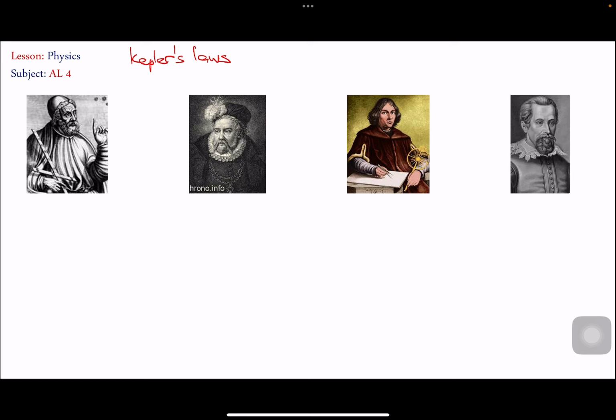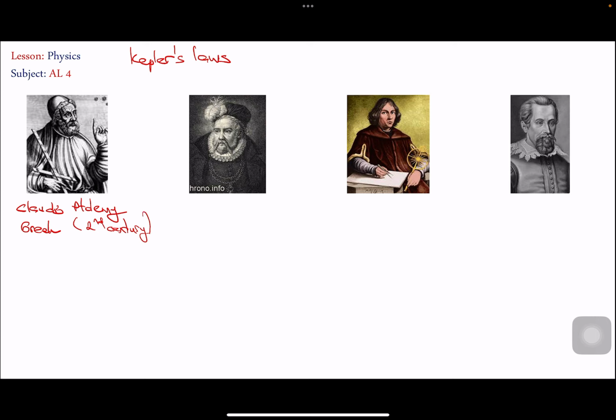The first important impact for astronomy was given by Claudius Ptolemy, who is drawn in the first picture, a Greek astronomer in the 2nd century.